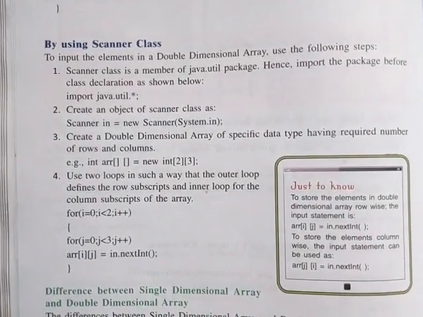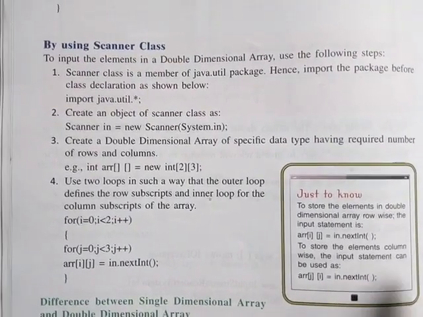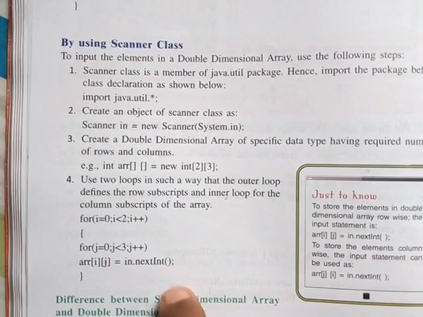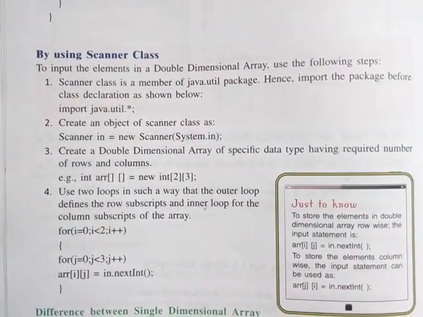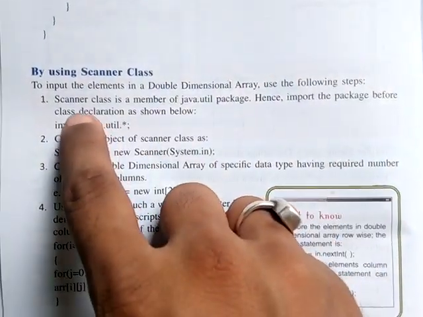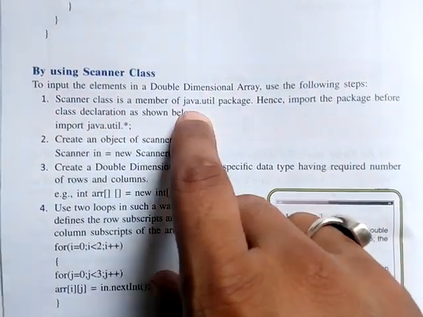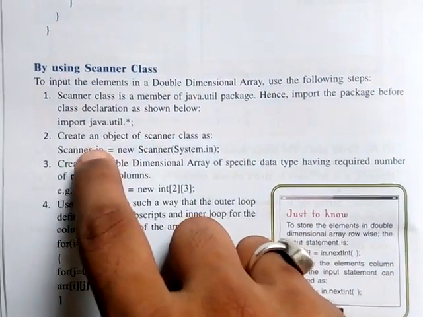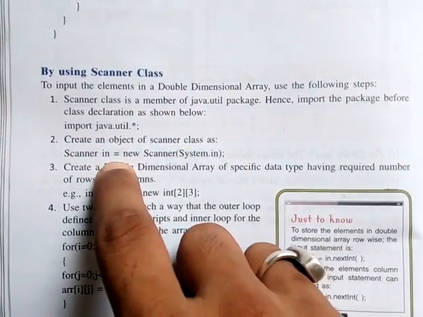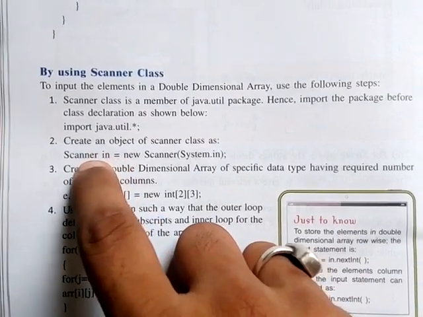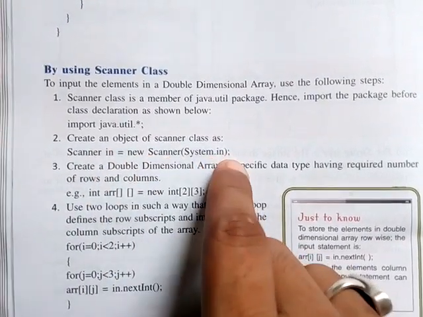And by using the Scanner class also we can do it, but using the Scanner class we have to use nextInt, nextFloat, nextDouble, this type of functions, isn't it? So there are some rules. Number 1, Scanner class is a member of the java.util package, so we have to use the util package. Number 2, create an object of Scanner, like in our earlier programs I wrote sc, that means Scanner sc equal to new Scanner(System.in).